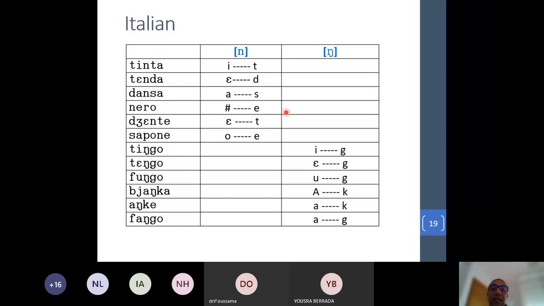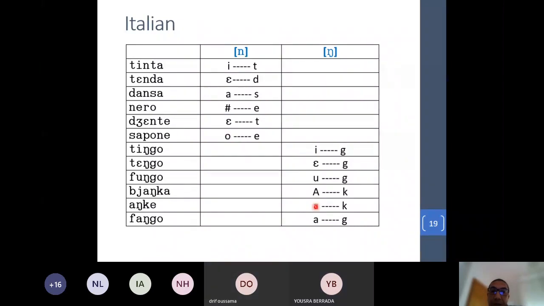Let's study in detail the distribution of the two sounds and have a look at the left environment. The left environment is similar.